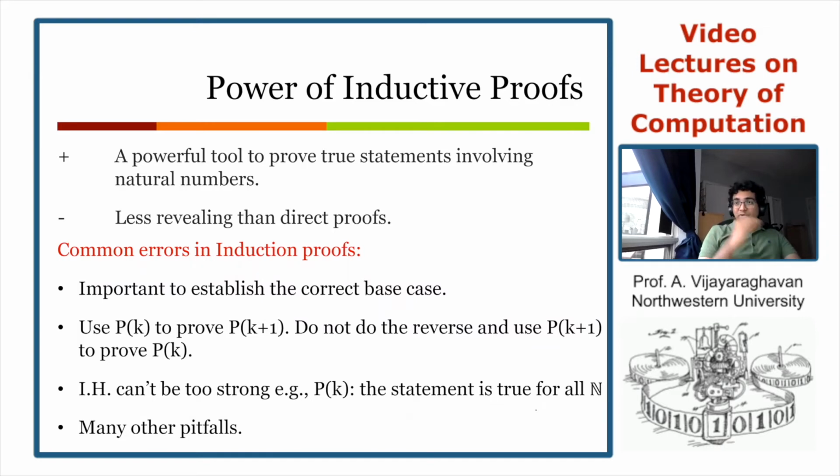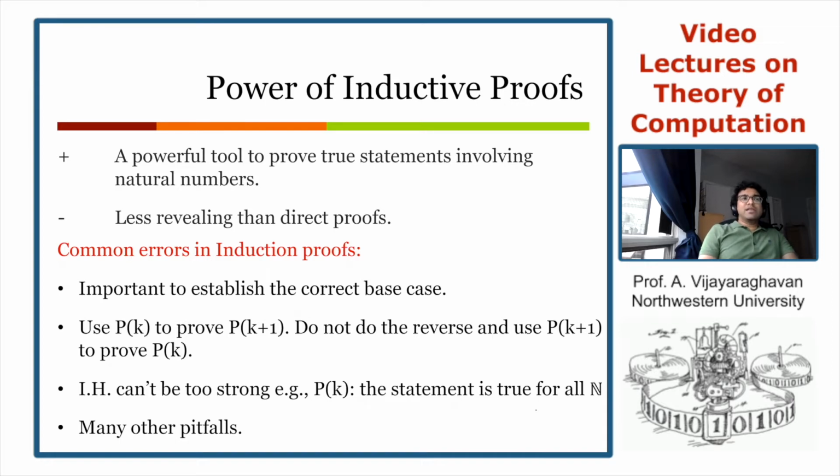Firstly, you have to prove the base case, and the base case has to correspond to the statement you're trying to prove. If you want to prove it for all natural numbers starting from 2, you have to start with 2. So it's important that the base case matches what you're trying to prove.